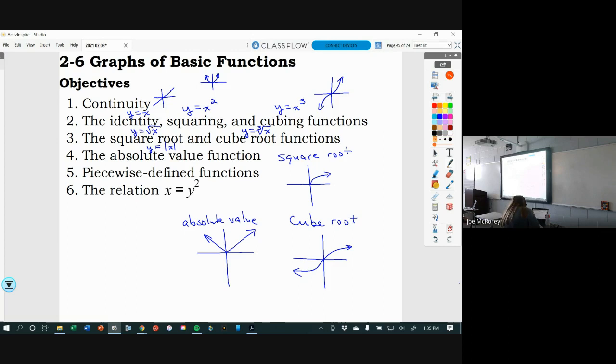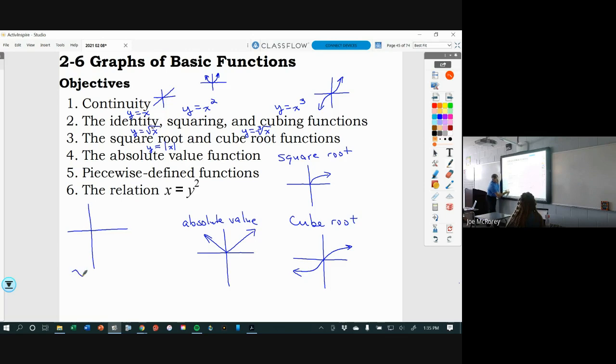Everything above number 6 talks about functions, and then you get to number 6 and it says the relation. Why do you think number 6 says the relation x equals y squared? Because it's not a function.